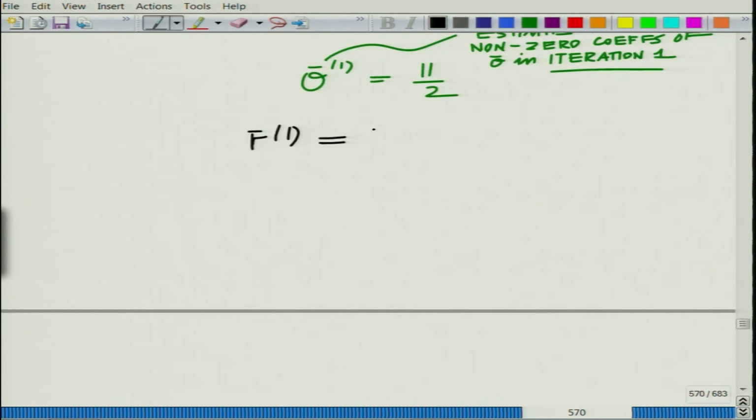So, the residue is basically y bar minus x1 times theta bar 1.